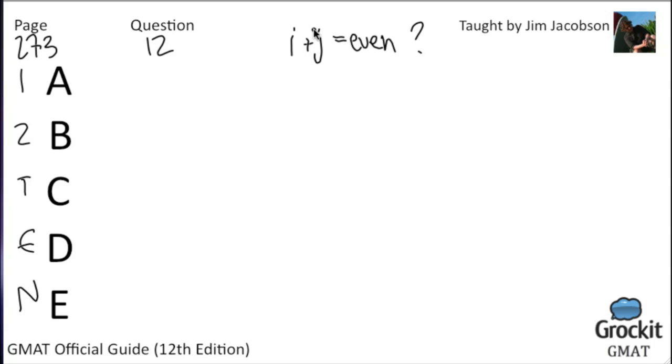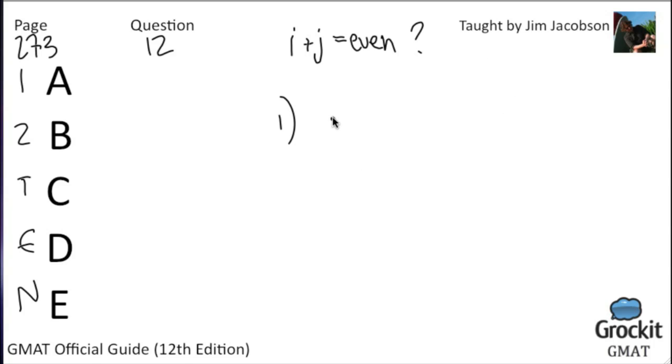Good question. So basically, we need to know something about the evenness and oddness of i and j. That's the prediction I have about what we would need from our statements. Because remember, odd plus odd is even, even plus even is even, but even plus odd is odd.